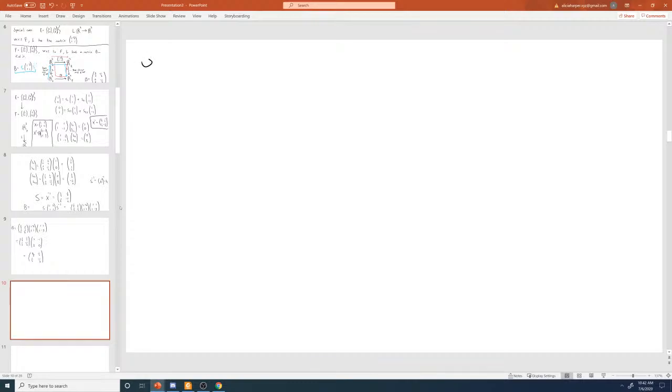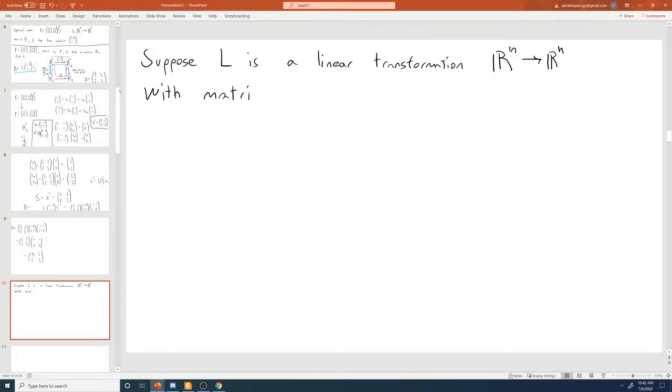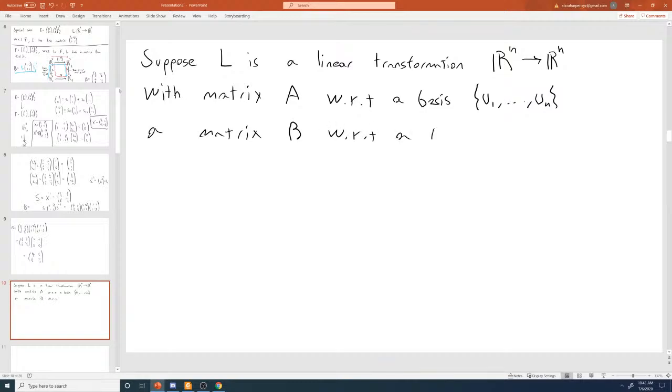So, suppose L is a linear transformation from Rn to Rn with matrix A with respect to a basis U1 through Un and a matrix B with respect to a basis V1 through Vn.